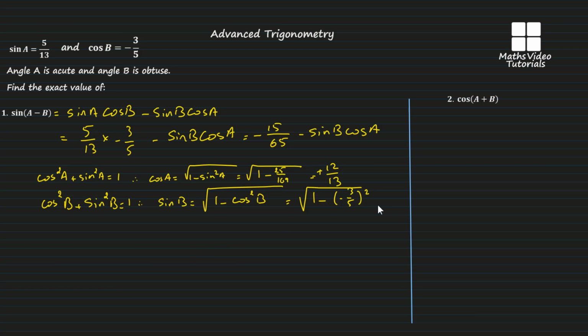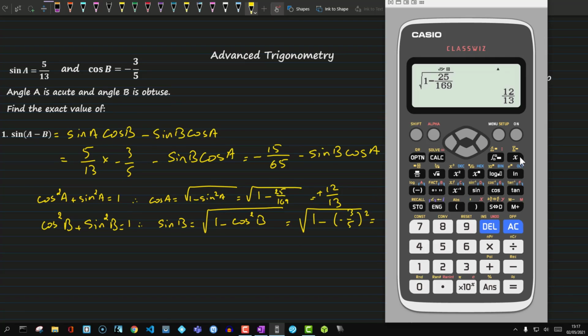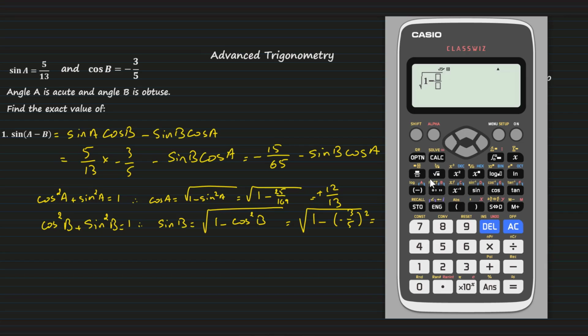And if I do that in the calculator, let's bring the calculator and do the calculation. So we got again square root of 1 minus, we open a fraction here, and 3 over 5 all squared, regardless of the minus, because that will turn to positive.